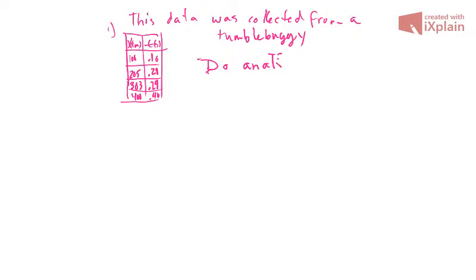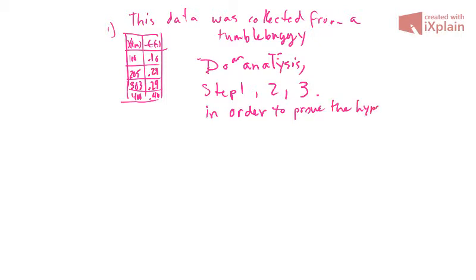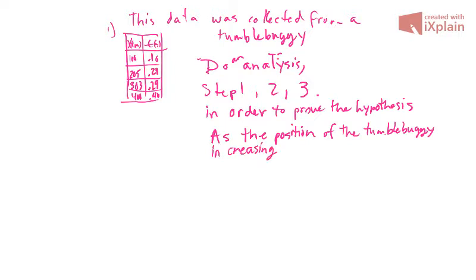Step 1, 2, 3, in order to prove the hypothesis: as the position of the tumble buggy increases, the time increases by the same factor or the same proportion.